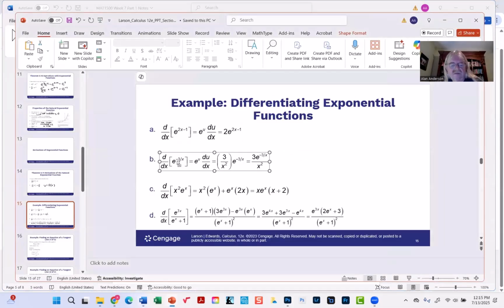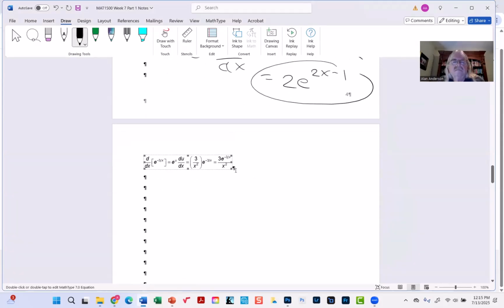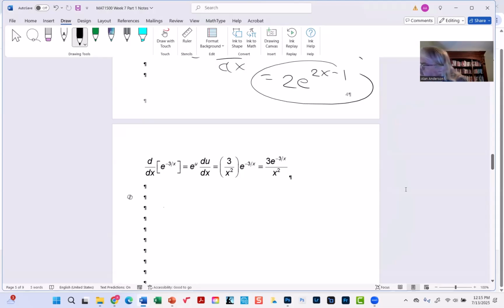How about this one? Right. So it's e to the minus 3 over x. So of course the u is minus 3 over x, or it might be easier to write it like this.